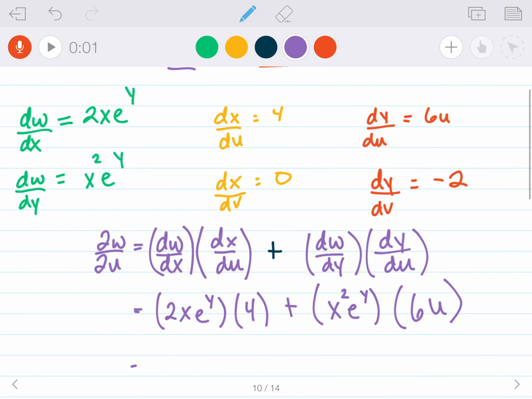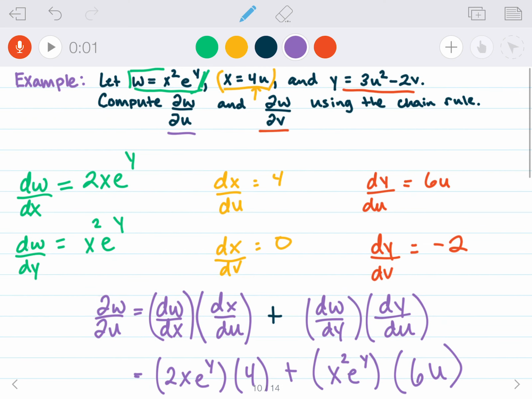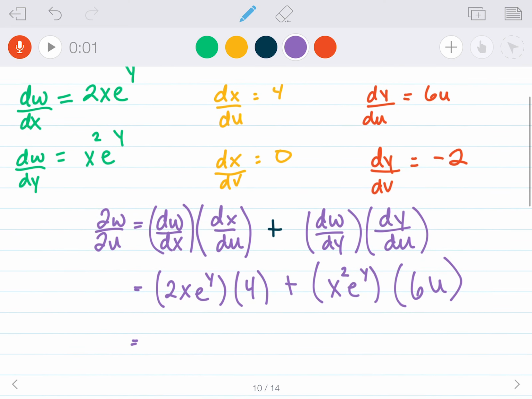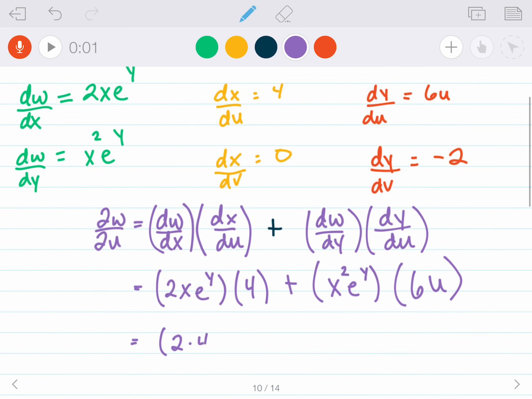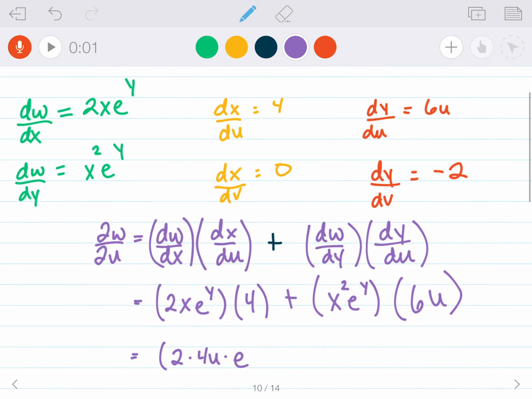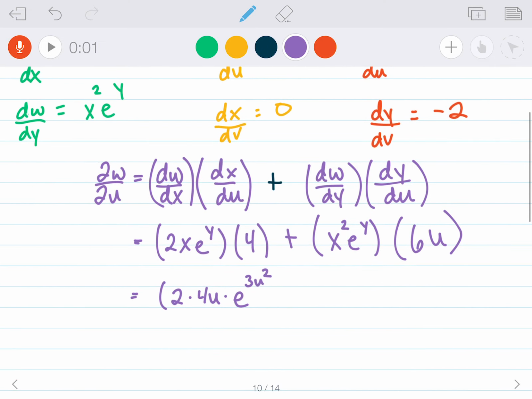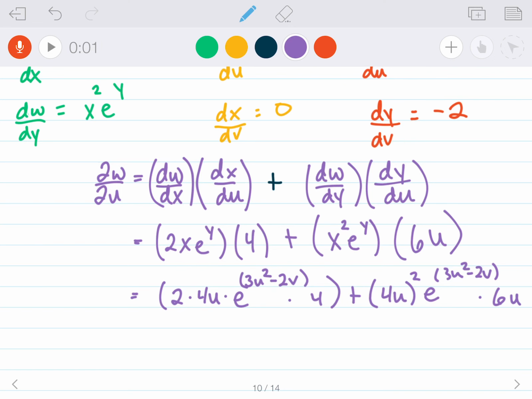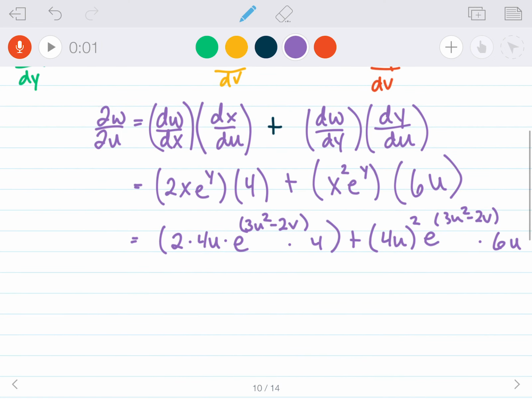Now I'll plug in for x, which is 4u, and for y, 3u squared minus 2v. Now I can clean this up.